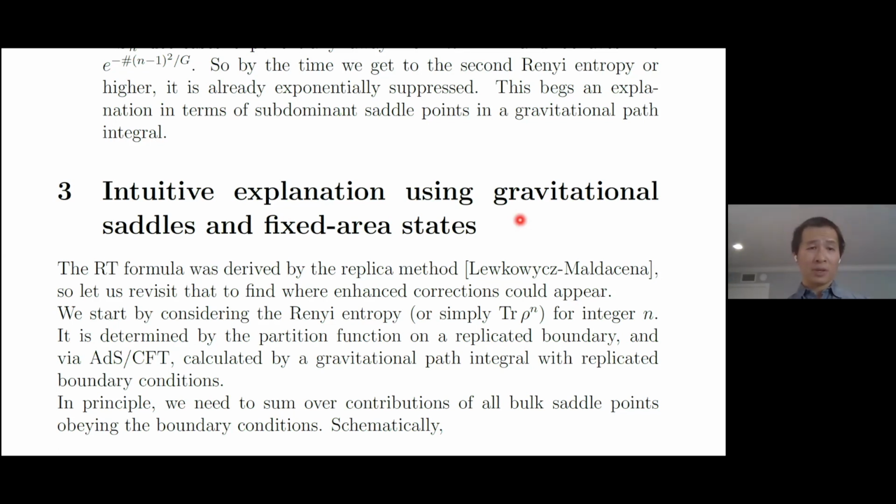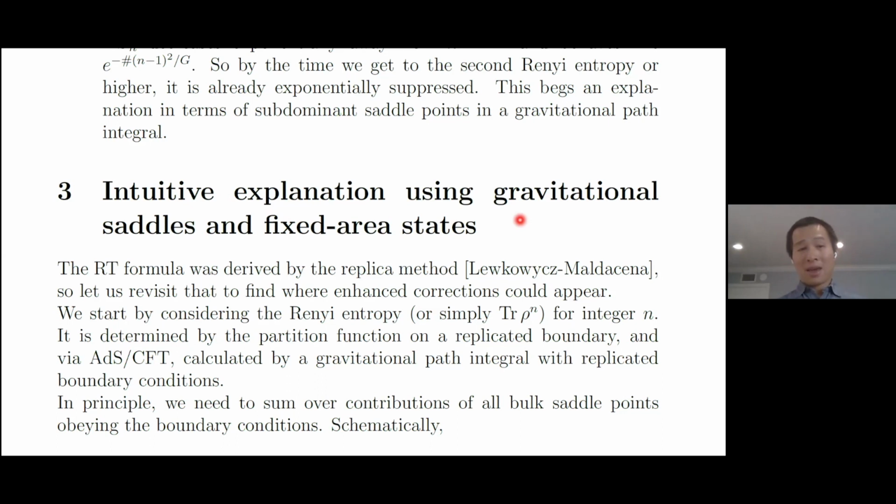So what we're saying is that there is a large correction that was previously not known to the RT formula as we know it. The RT formula was derived by the replica method using a method by Lewkowycz and Maldacena. So what we should really do is to revisit that to find where we can find the loophole where enhanced corrections could appear.